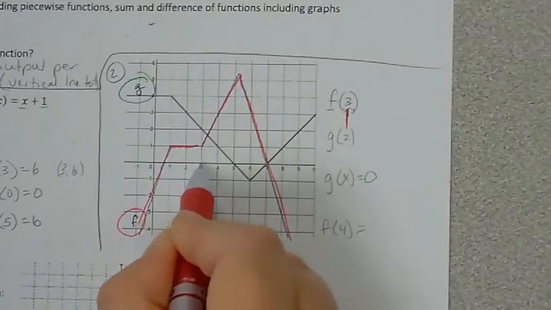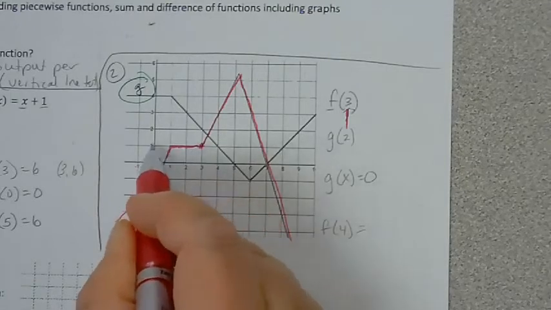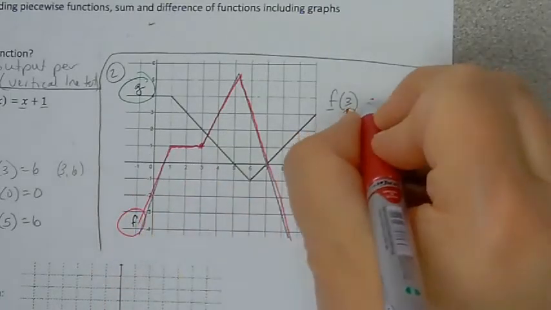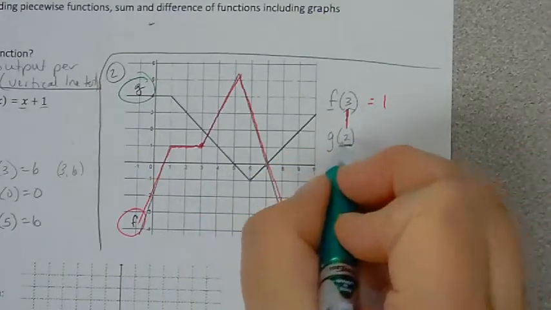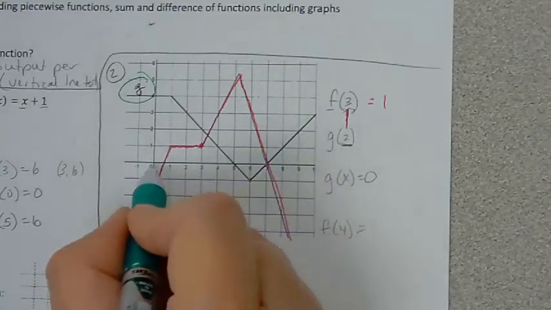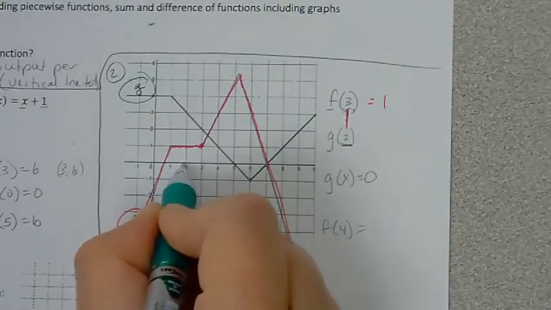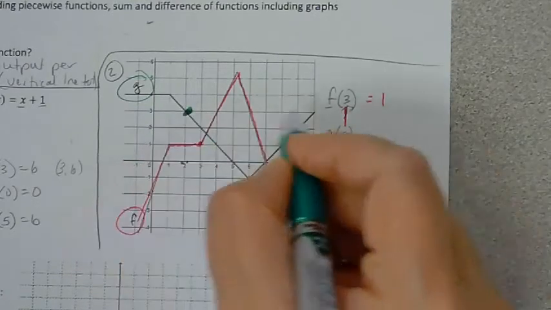So when the input value is 3, the f function is right here at 1. What about the g function at 2? The g function is this function. So I'm going to go to input value of 2, and when I put 2 in and go all the way up here to the g function, I'm at the place 3.